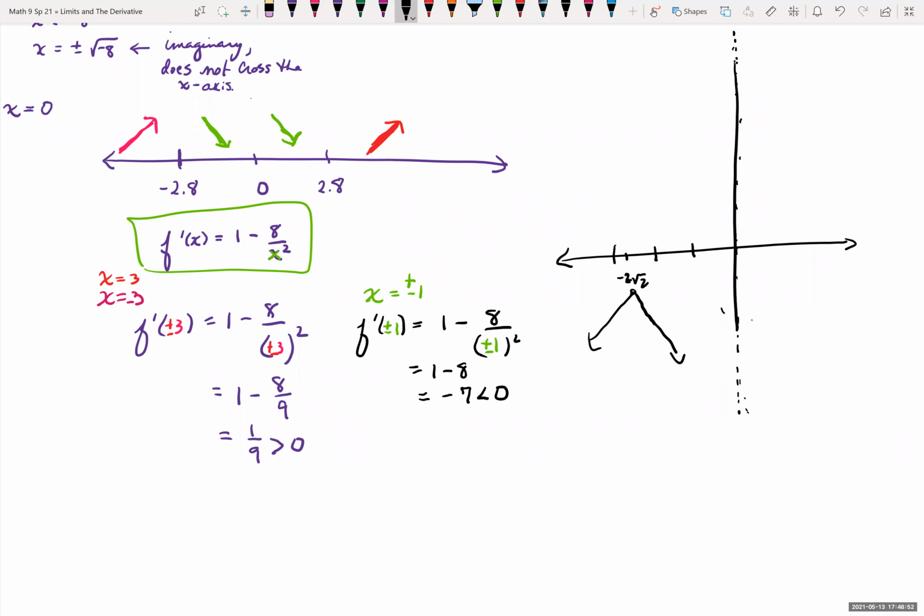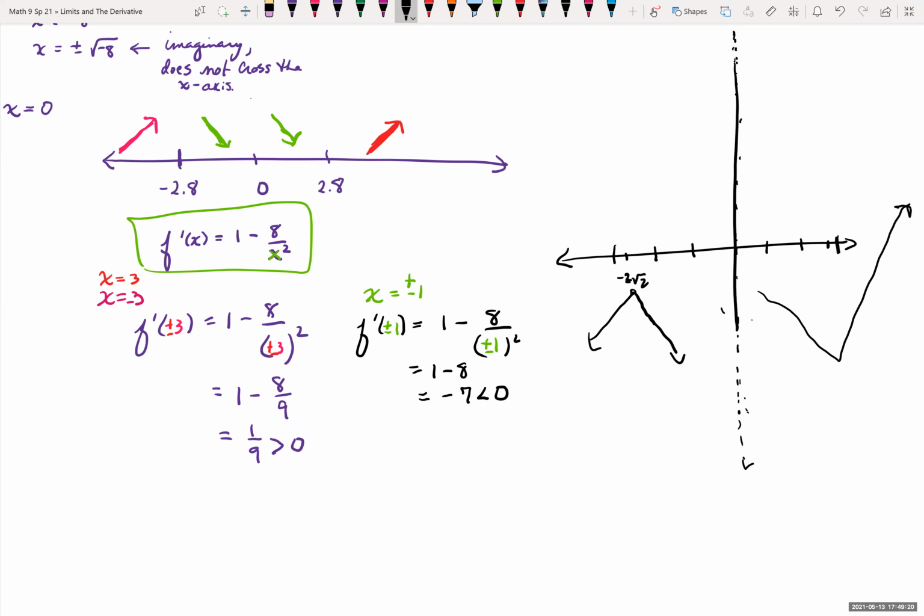And then we know it's decreasing on the other side of 0, x equals 0, the y-axis. And then it's increasing at 2 root 2. And so again, if it's decreasing and then increasing, if it was below the x-axis, I would have the same problem as the other side.